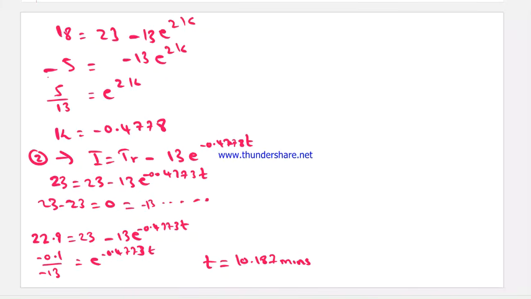Instead of running into the error of calculating ln of 0, it's better you move close to that number and calculate your values. So that is the time when the temperature will be very, very close to 23. So approximately 10.5 minutes will be needed to reach the temperature of the room.